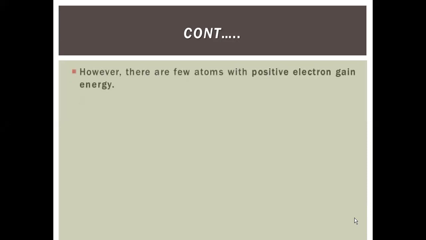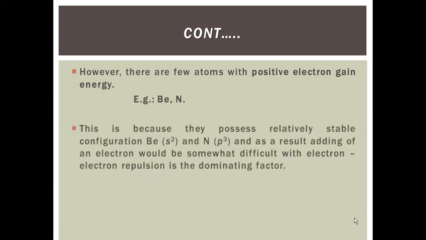Next, we already said most atoms release energy when an electron is added to the gaseous atom, but some atoms show a positive electron gain energy. Those are beryllium and nitrogen. Why is it so? Beryllium has a full-filled configuration and nitrogen has a half-filled configuration. Compared to others, they show a relatively stable configuration.